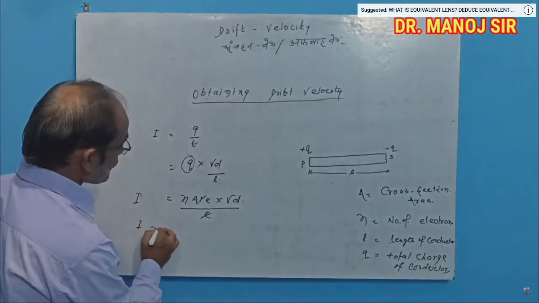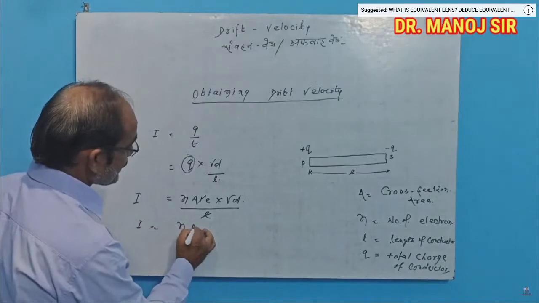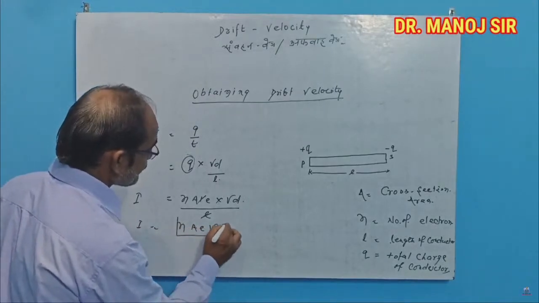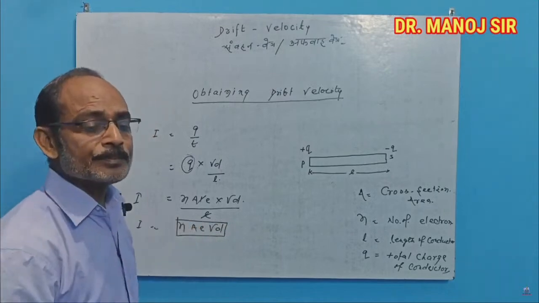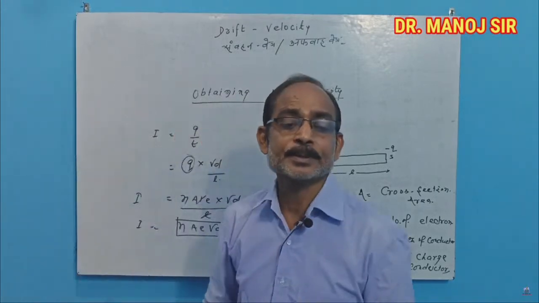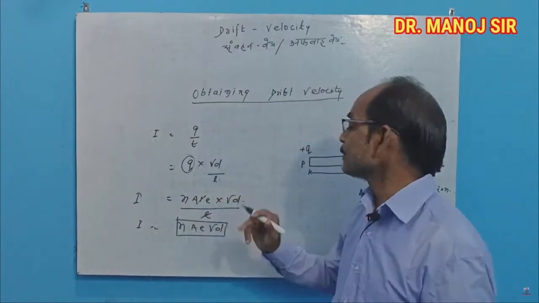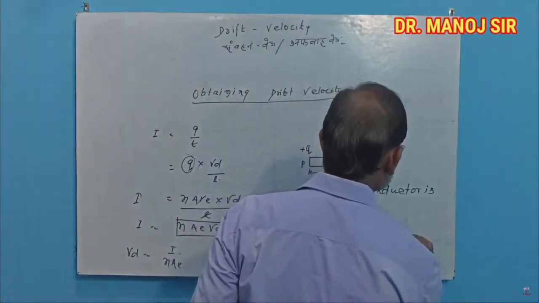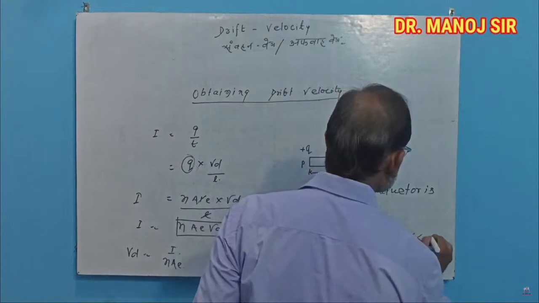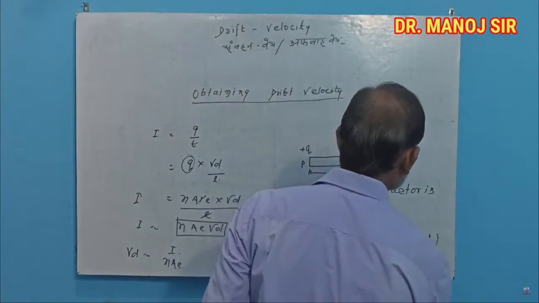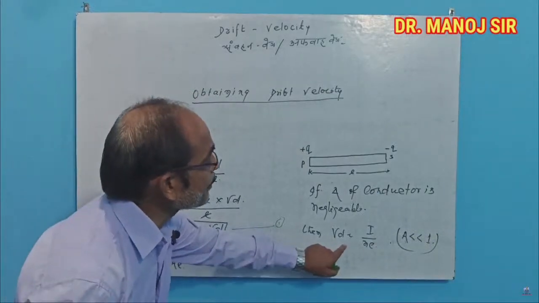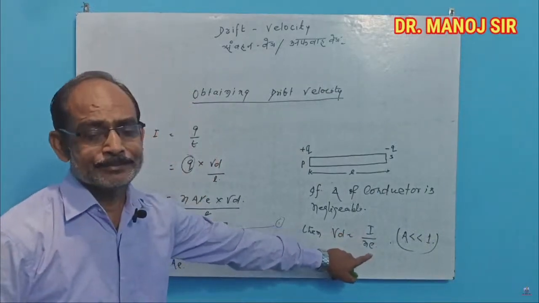Then I equal to N A e Vd, that is equation 1. Means A is larger and larger than 1, that is very much minimum. Then Vd becomes I upon N e.